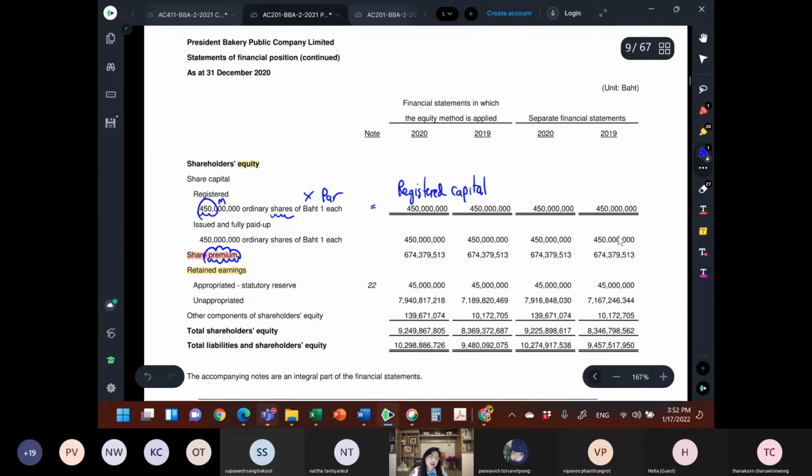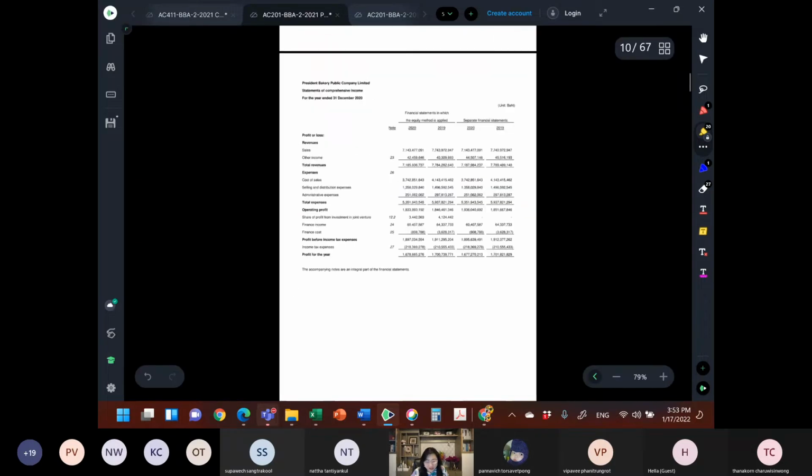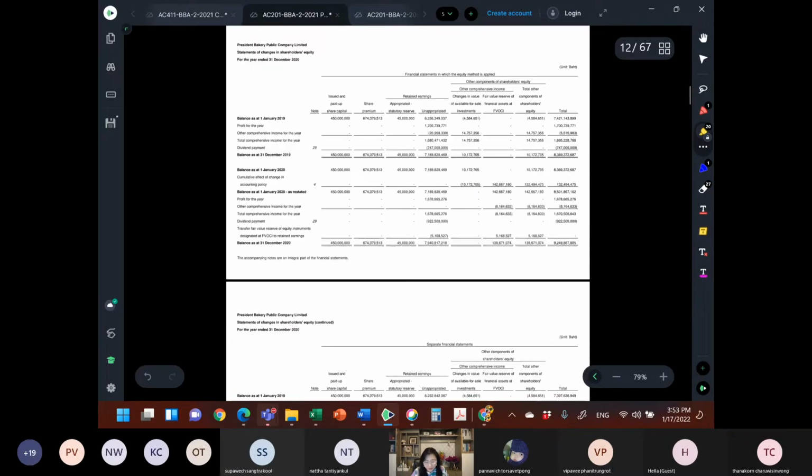So over here, you get to see the information on share capital. You get to see the information on retained earnings. And not only that, the equity is presented here. Everyone look at this, please. This is equity, right? So the equity is presented here in the statement of financial position. And also you get to see the equity here as well.